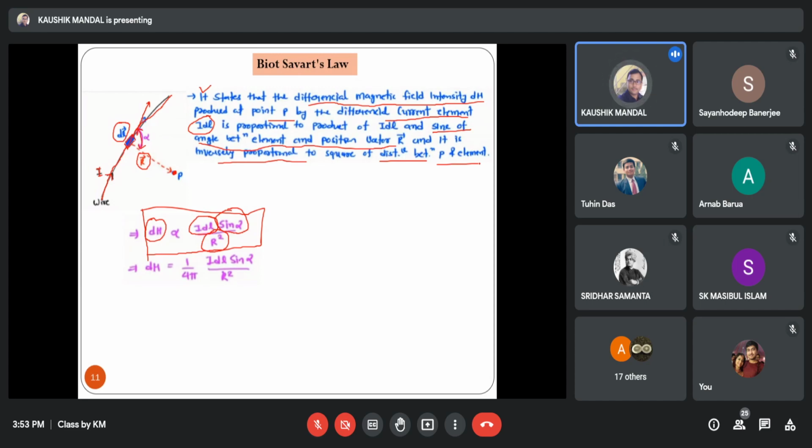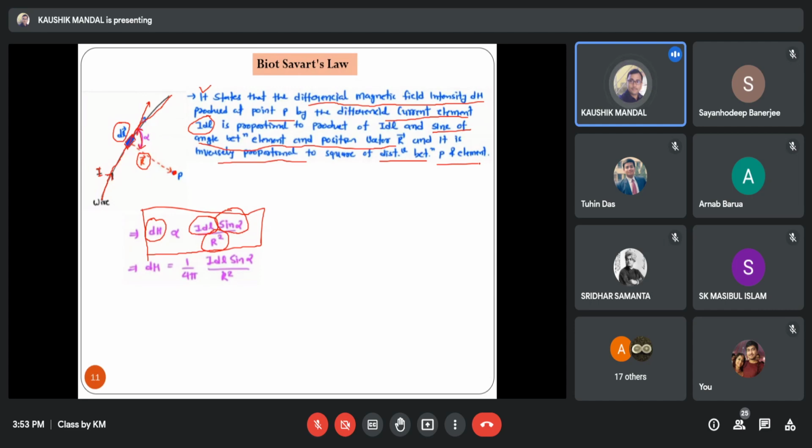If we consider a current carrying conductor carrying current I, and we want to find out the magnetic field intensity at a point P, then we have to apply the Biot-Savart's law.